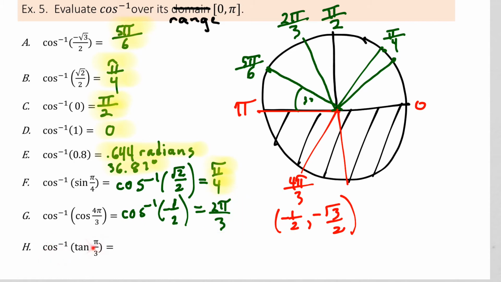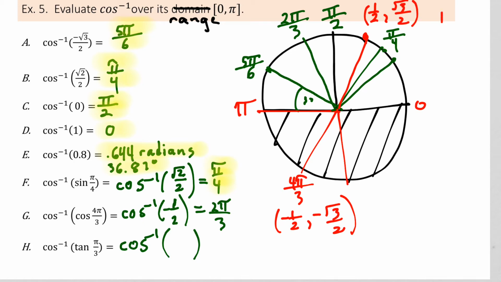inverse cosine of the tangent of pi over 3. So we want the tangent of pi over 3. So this is the inverse cosine of some number, which is the tangent of pi over 3. All right, so pi over 3 is right here. So that would be cosine 1/2, sine root 3 over 2.